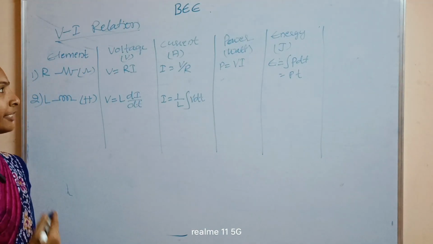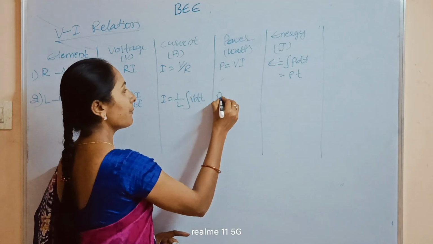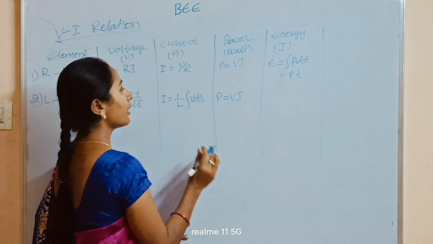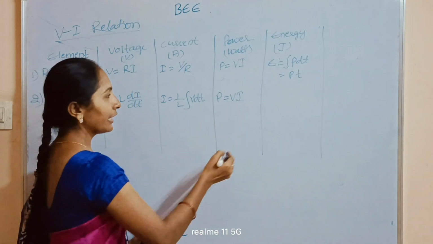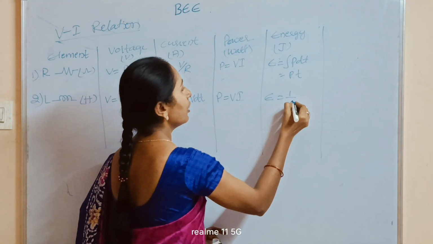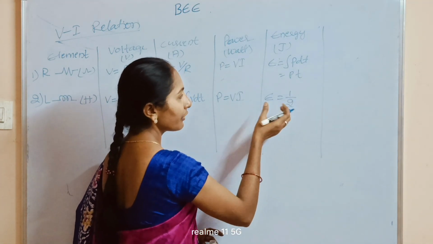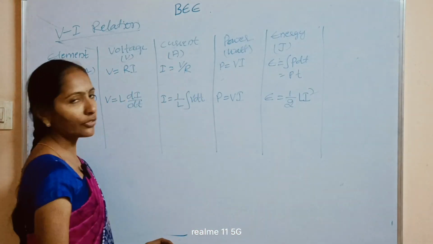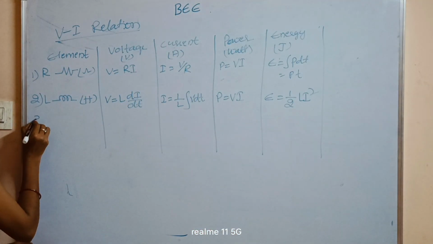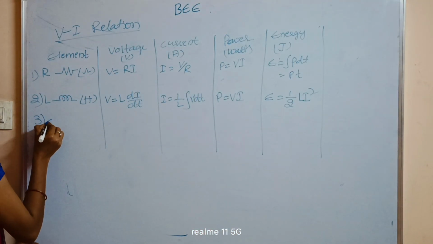The power formula is the same, P equals V into I; substitute these two and we'll get the power. Now energy: how much energy can it store? Half Li square joules.